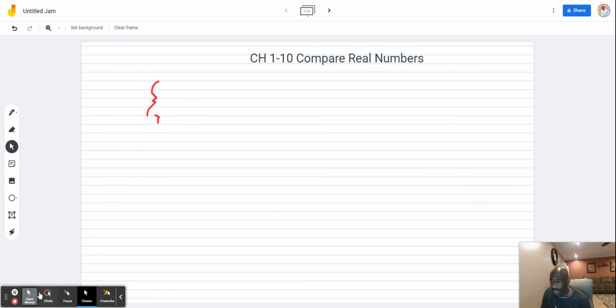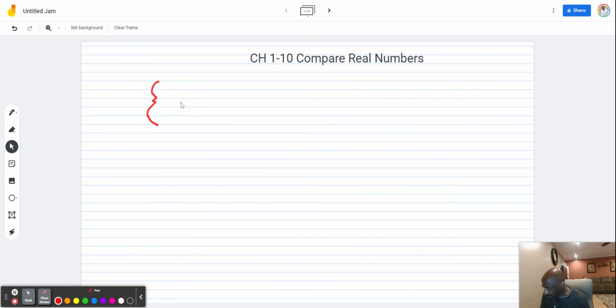All right, so let's do this. I'm looking for my eraser there. There we go. All right, I know I'll find it eventually. All right, so let's put some numbers in here.